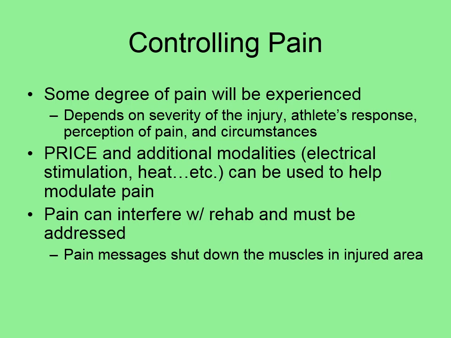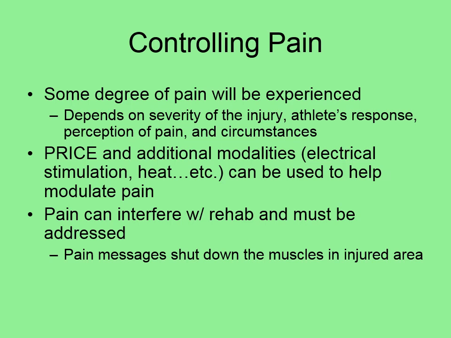Everybody's a little different with their pain tolerance. But on the other side of that too, individuals have different perceptions of the amount of pain that they have. Somebody could get the exact same injury to the exact same body part, and their pain could be a 2 out of 10, which is pretty mild, and then another person could get the exact same injury, and their pain could be a 7 out of 10.